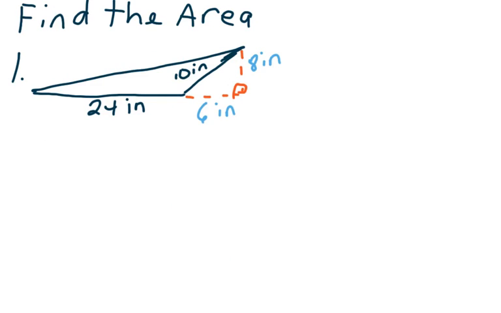Okay, so I'm going to have you calculate the area. I have it already in here for you. Area equals 1/2 the base times the height. Which numbers are our base and our height? Our base is only going to be this part because this is the triangle, and the height is going to be this part. So the numbers we're using are going to be 8 and 24.